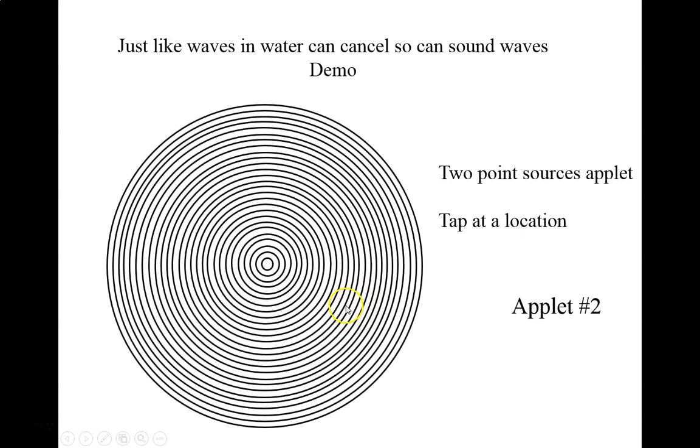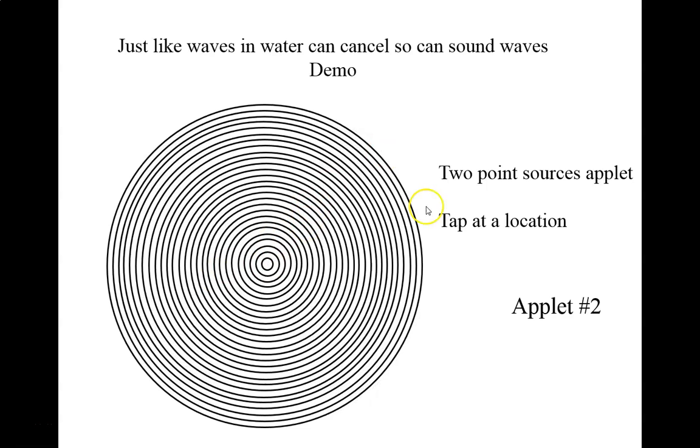Just like waves in water can cancel, and waves on a string can cancel, and waves in a standing wave can cancel, and all waves can cancel, I can cancel out sound waves. I can send sound from two different sources, two different locations, and you can have constructive and destructive interference.